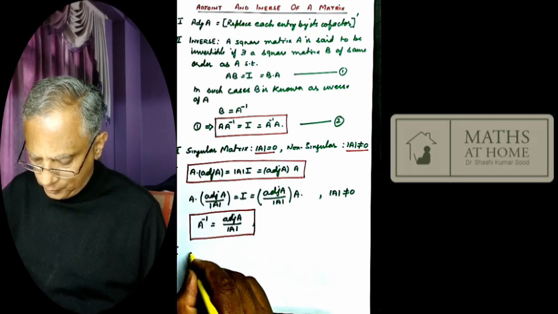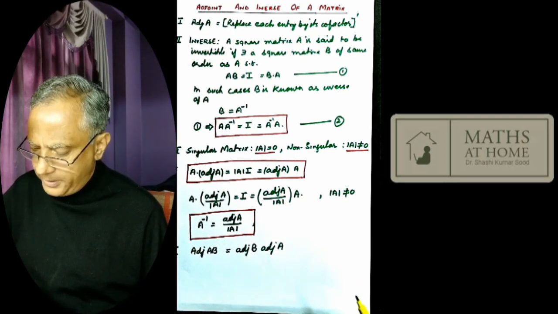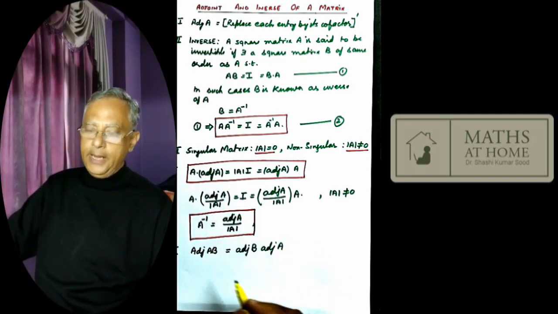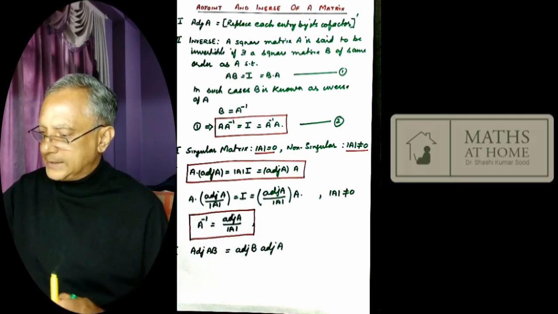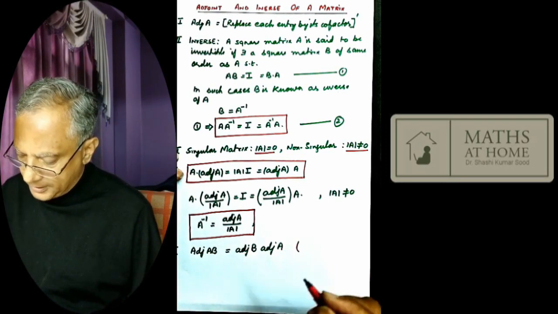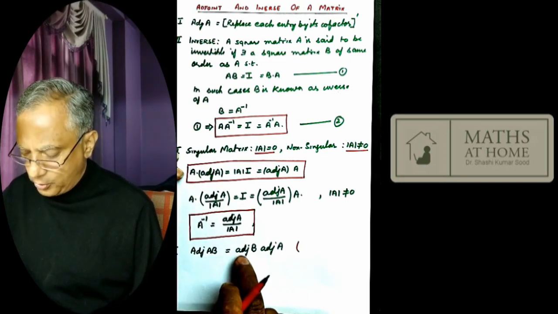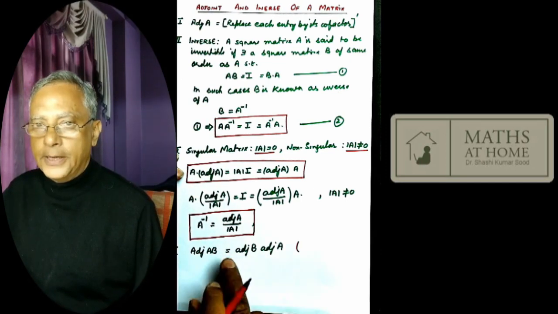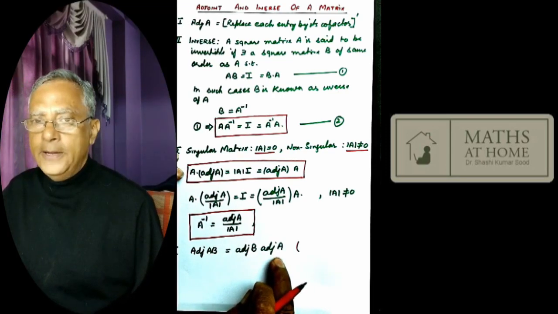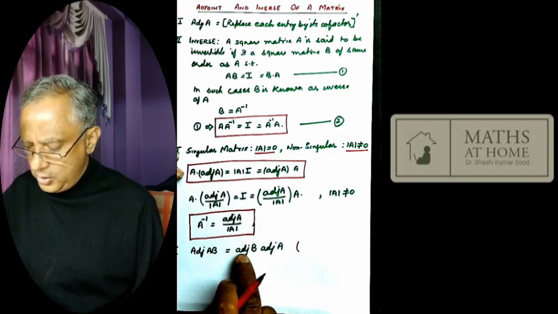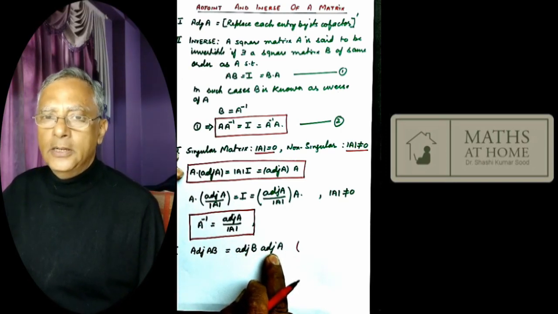Sixth is: adjoint of AB is equal to adjoint of B into adjoint of A. This property is known as the reversal law. Adjoint of A into B is not equal to adjoint of A into adjoint of B. It is equal to adjoint of B into adjoint of A. And we know matrix multiplication is not commutative.